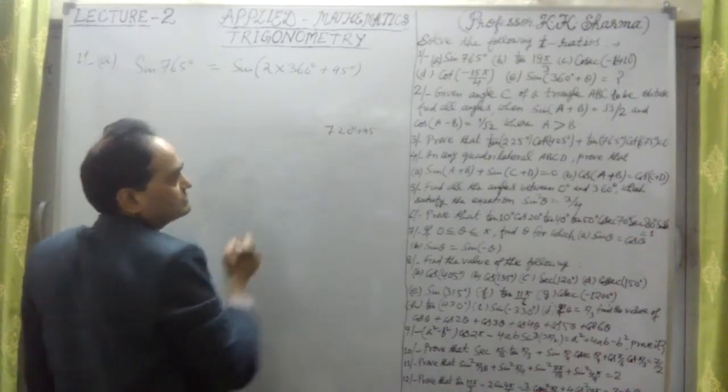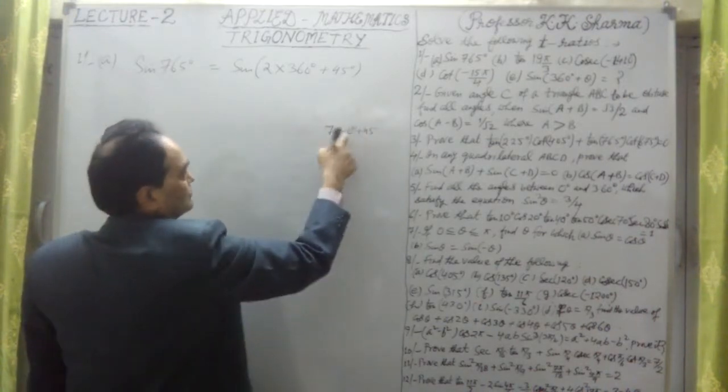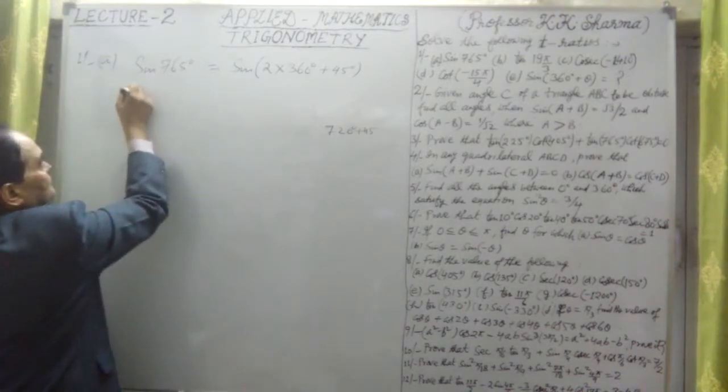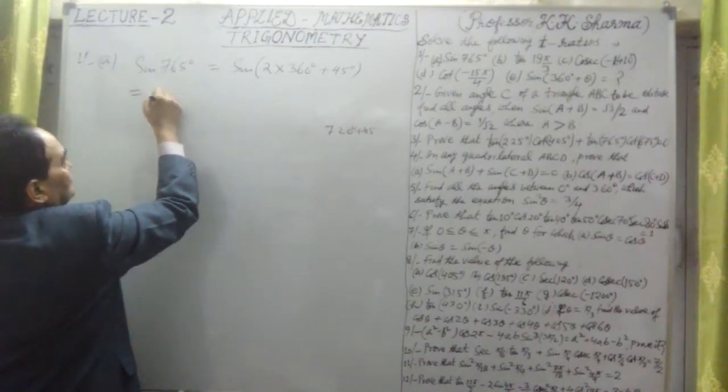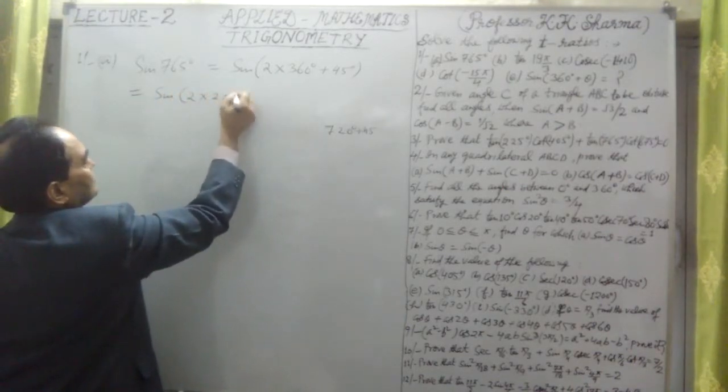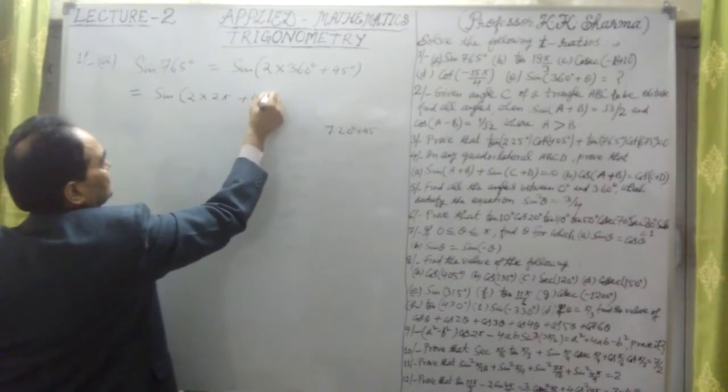That means 765 degrees. So it is sine of 2 into 2 pi plus 45 degrees.